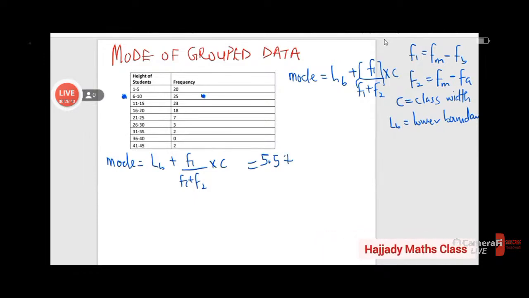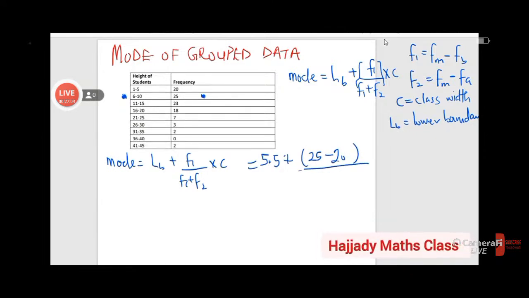F1, don't forget, is the frequency of the modal class minus the frequency before it: 25 minus 20. F2 is the frequency of the modal class minus the frequency after it: 25 minus 23.